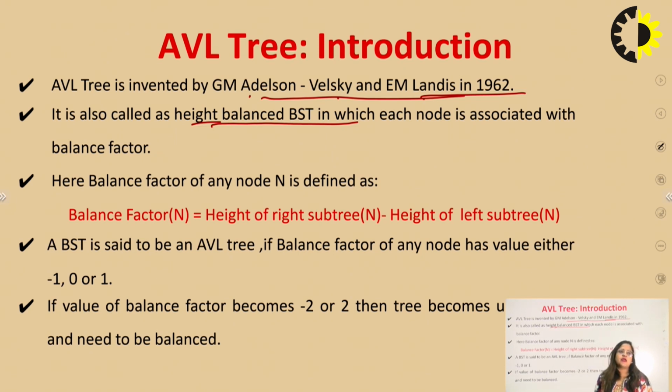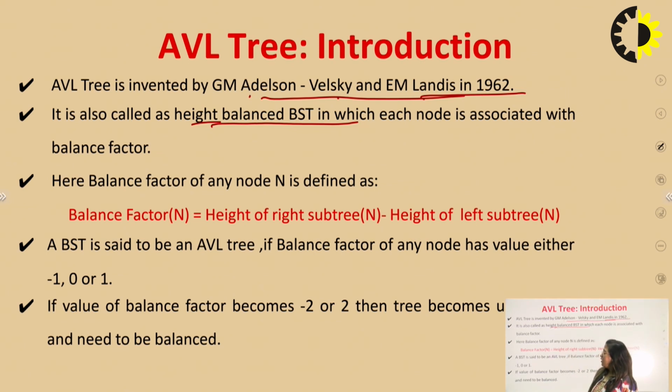The balance factor formula is height of right subtree minus height of left subtree. If your balance factor is 0, 1 or minus 1, there is no change. But if the balance factor is 2 or minus 2, then we use rotation.